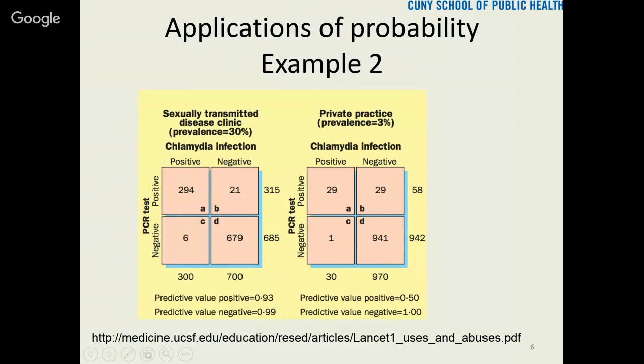So this positive predictive value is 93% in one clinic and only 50% in the other clinic. So in terms of this one metric that is of great importance to the patient and the doctor, we're seeing very different performance in these two populations just because of the difference in prevalence.